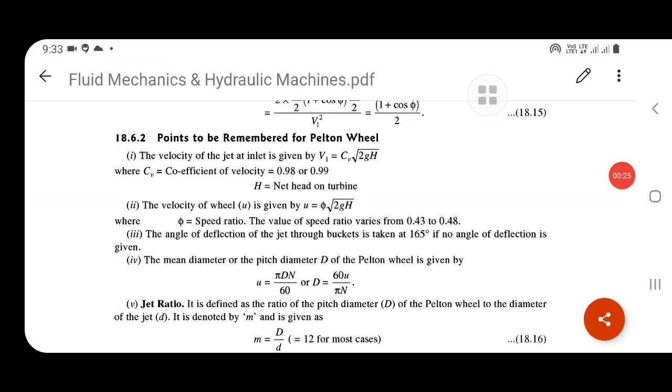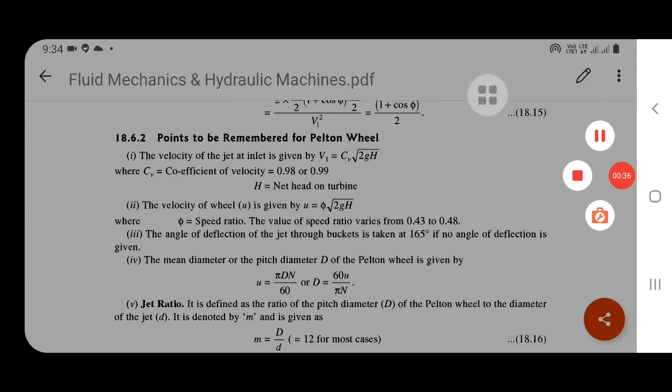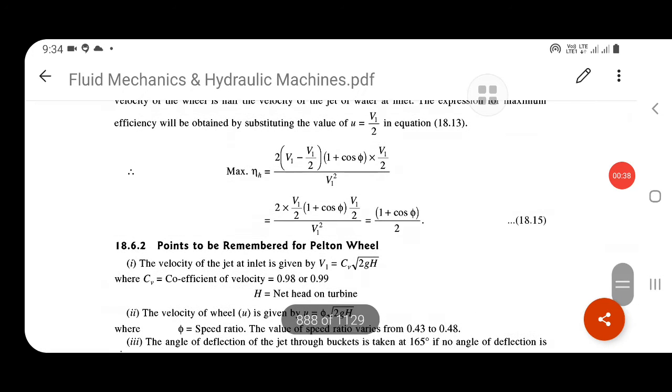Remember points of the Pelton wheel turbine. In the previous lecture we saw the maximum efficiency, 1 plus cos phi upon 2.